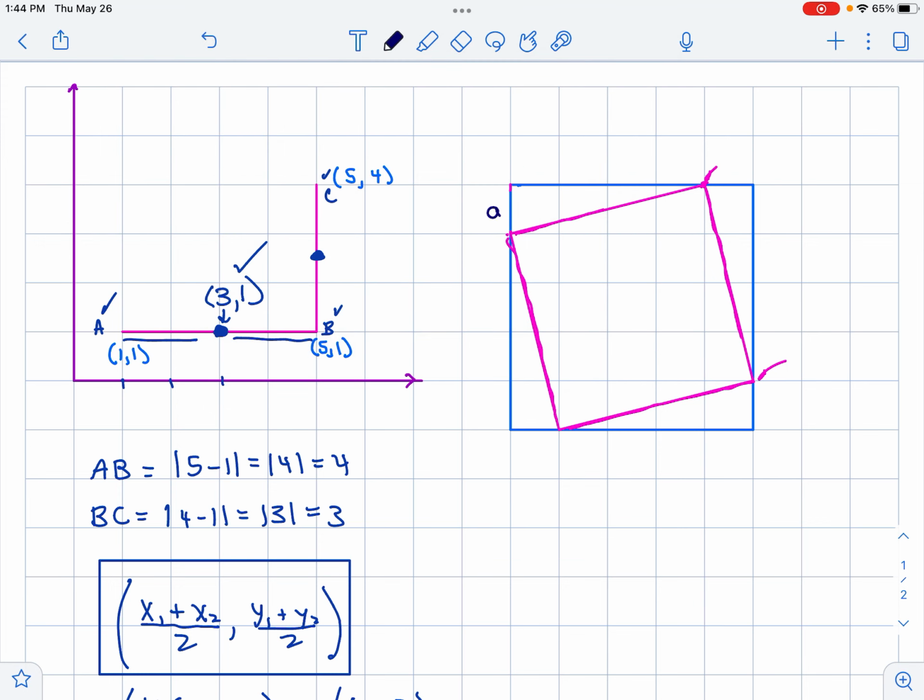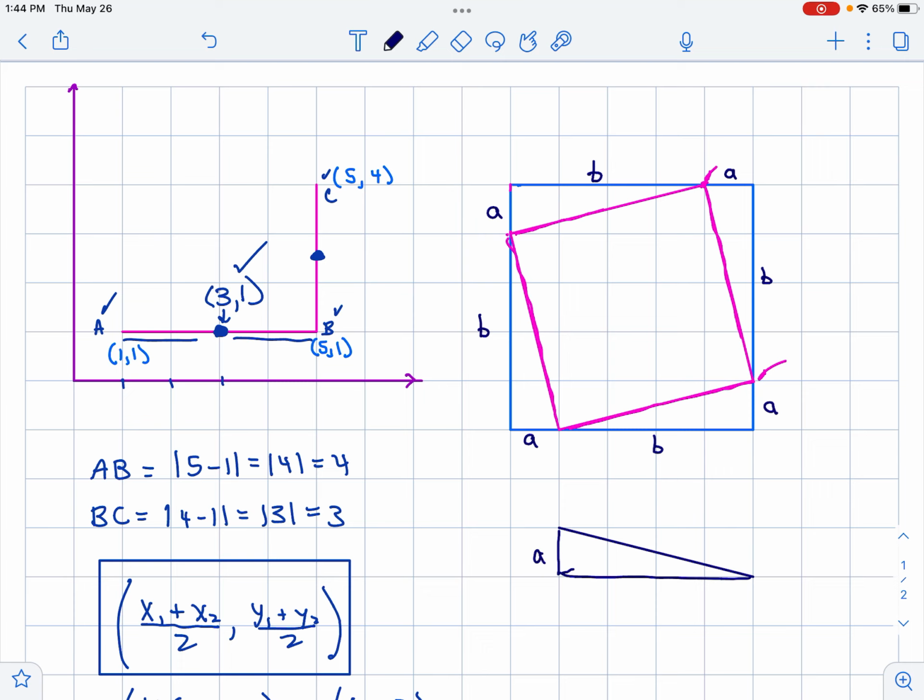Let me label the short sides A. I'll label all these short sides A because it looks like we got 4 triangles in there. Now I'm getting kind of ahead, we haven't talked about triangles or anything, but that's okay. You've seen them before. And then let's label the long sides B. I'm talking about these little triangles we have here.